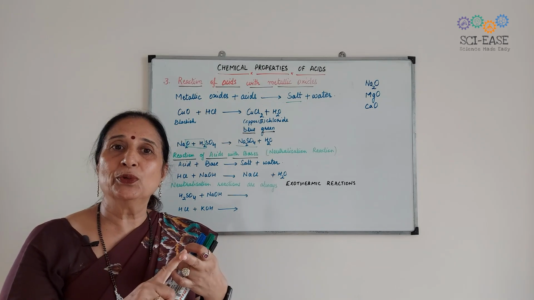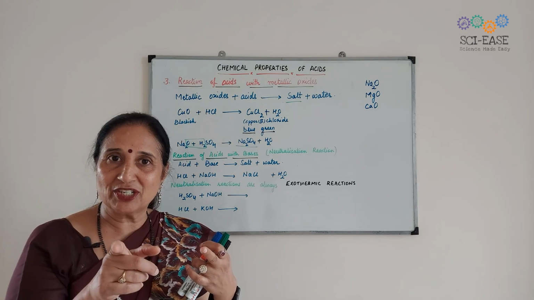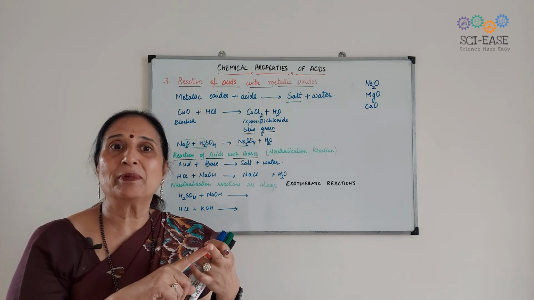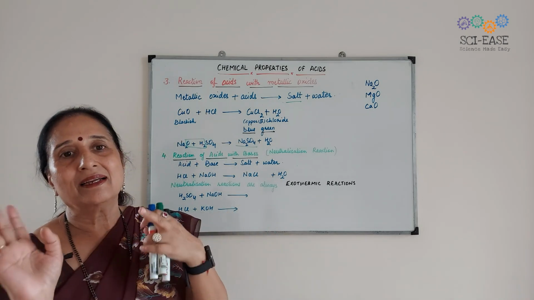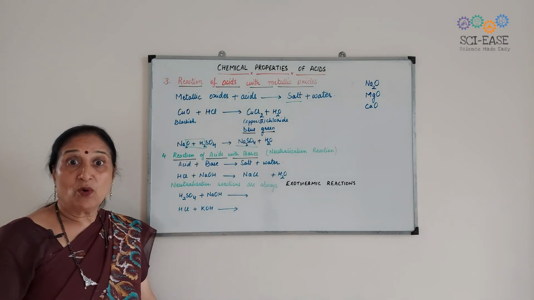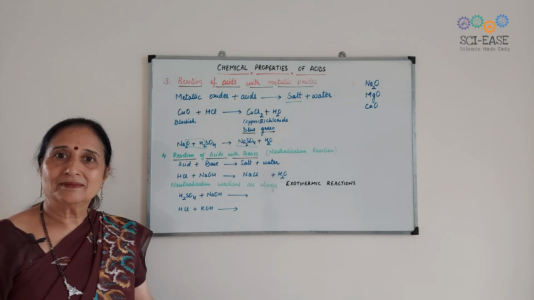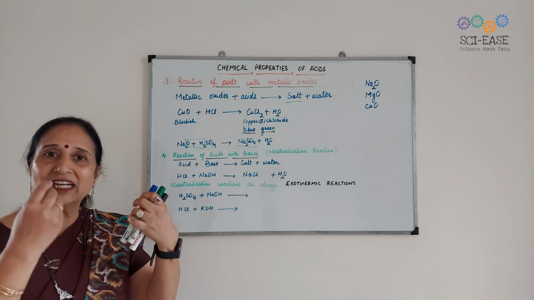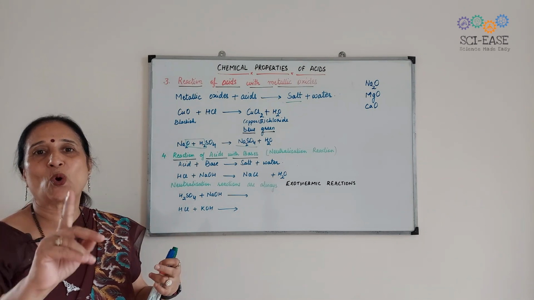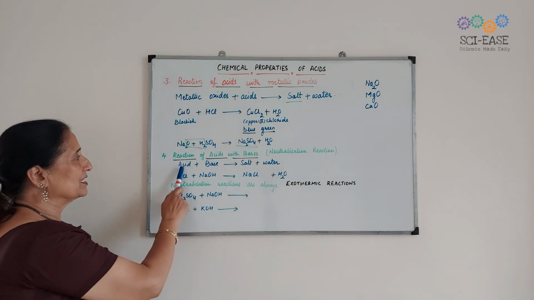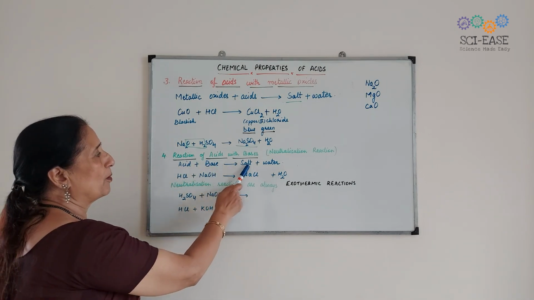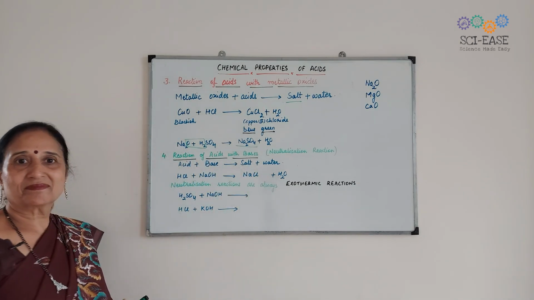There we use acid-base titration, that is the titration between HCl and NaOH. What will be the result? Both will get neutralized and salt and water will be formed. So the general equation for this is acid plus base forming salt plus water. Okay?